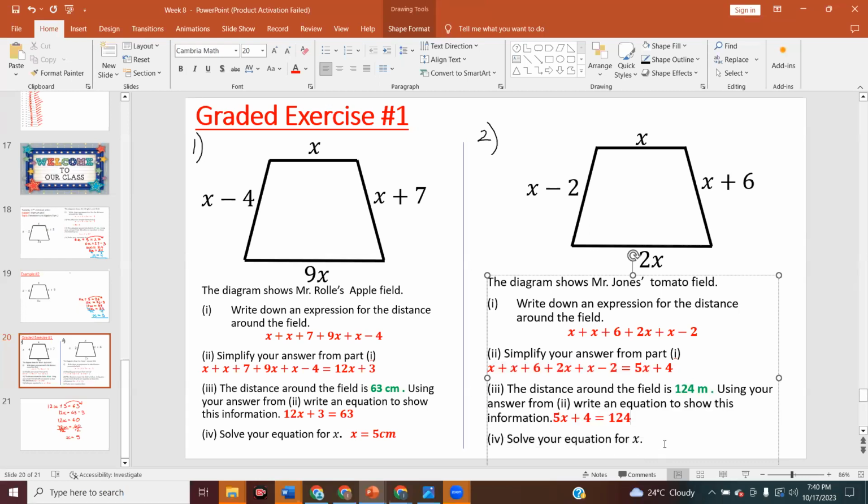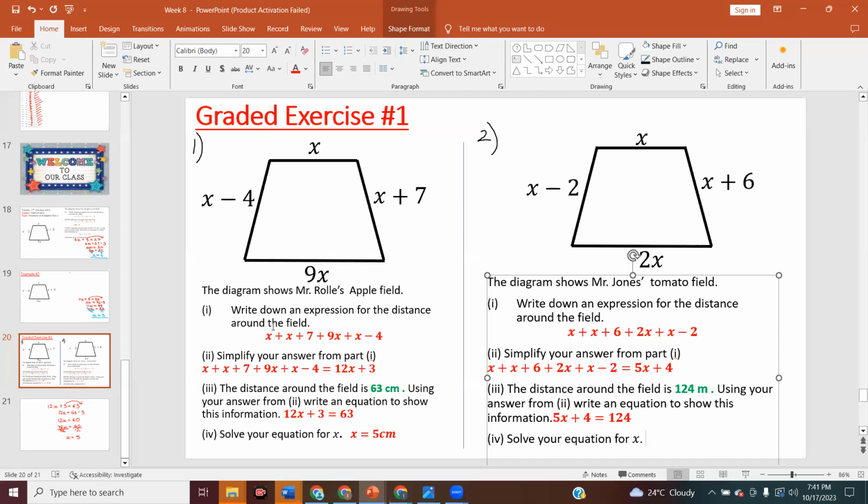Before I tell you the answer, put your answer inside the chat, please. What you get for the solution, when you solve the equation, what is your answer for x? X is equal to what? 24. Okay, they're saying 24 in the chat. Kiajane, why do you say 5x is equal to 24?